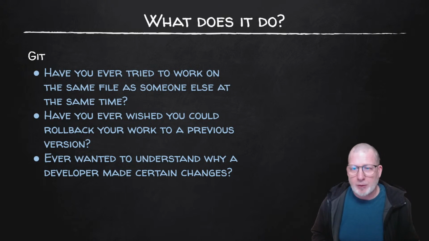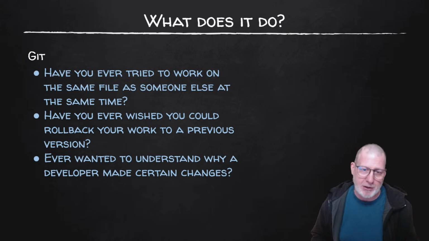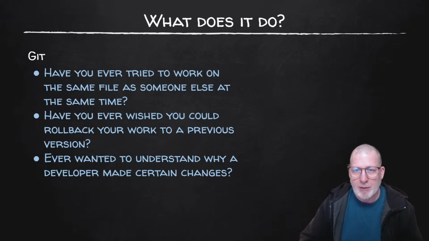It's also very useful if you have multiple people working on a project. And eventually when we get into some team projects, we're going to do this as well. If you're both working on the same file at the same time, you're going to have problems. These tools let multiple people work on the same file at the same time and merge them together nicely.